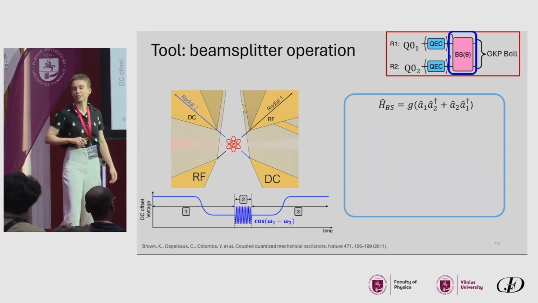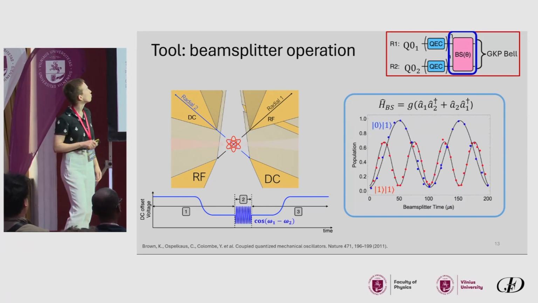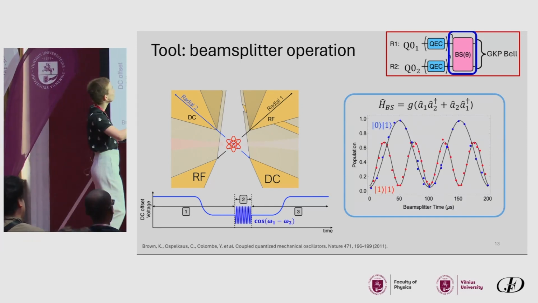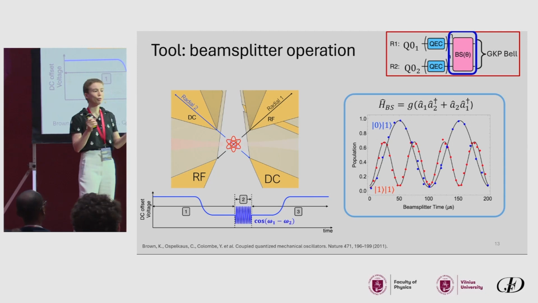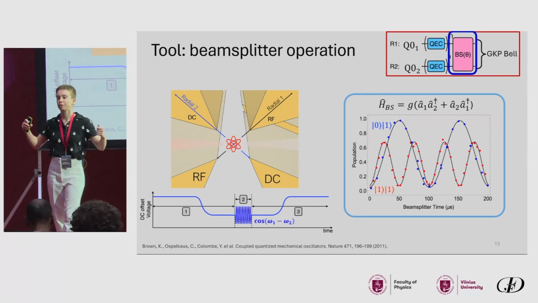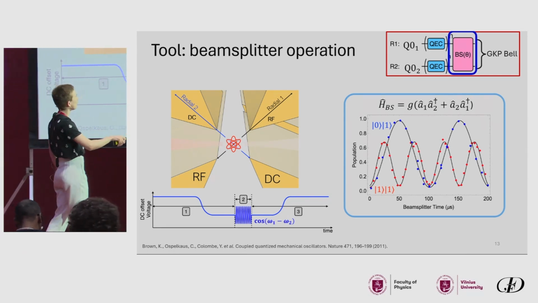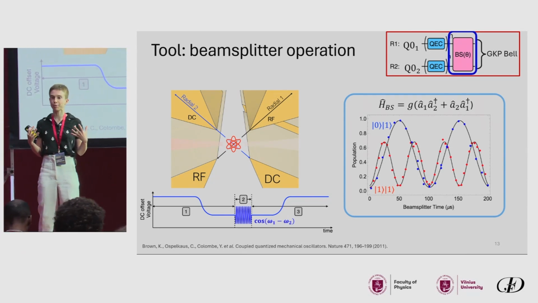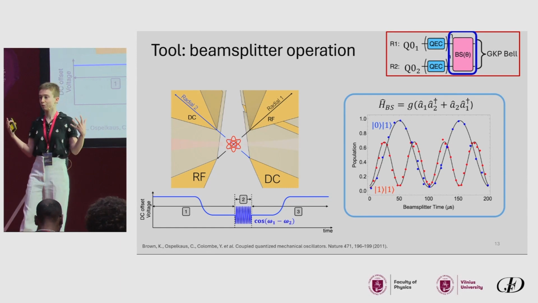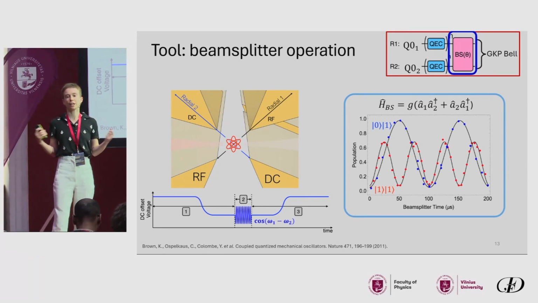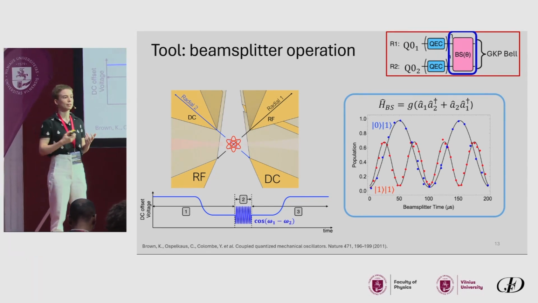And this gives us this interaction. To convince yourself that it works, you can look at the blue curve, where here we have a full swap of a Fock-1 state between our two modes. Or in red, if we prepare the two modes in Fock-1 states, then we can show some Hong-Ou-Mandel type of effect.